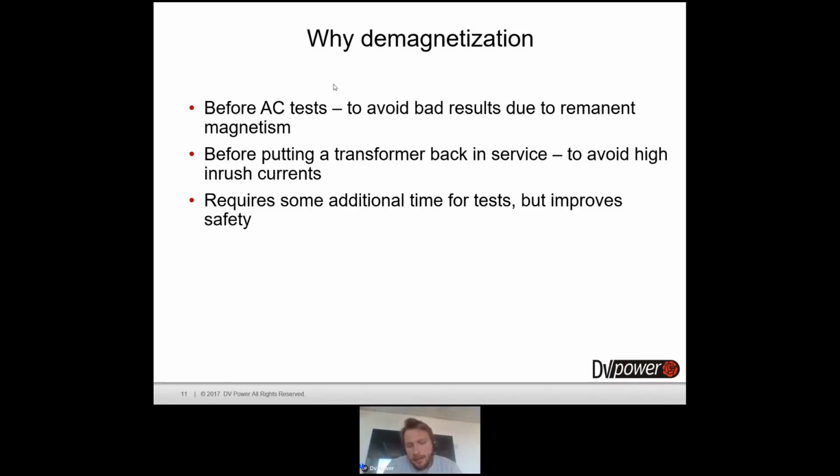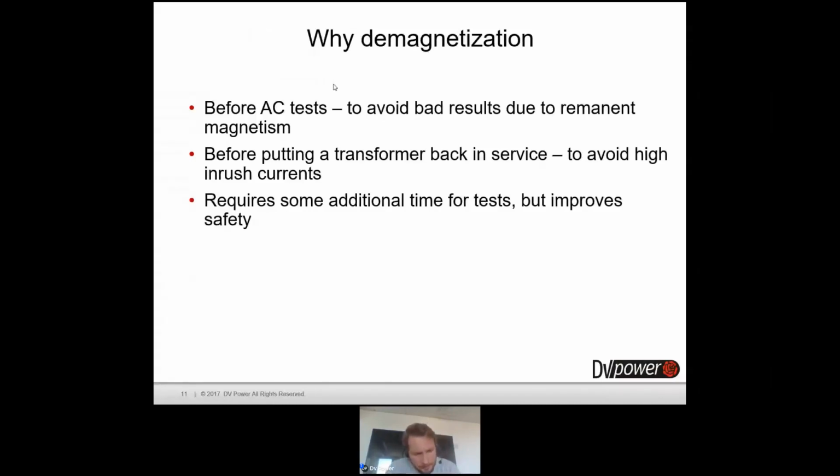And of course, if we have some wrong results and we need to make a deeper investigation of what caused the problem, we will demagnetize the transformer and see if the abnormal results have been caused by remnant flux in the transformer.